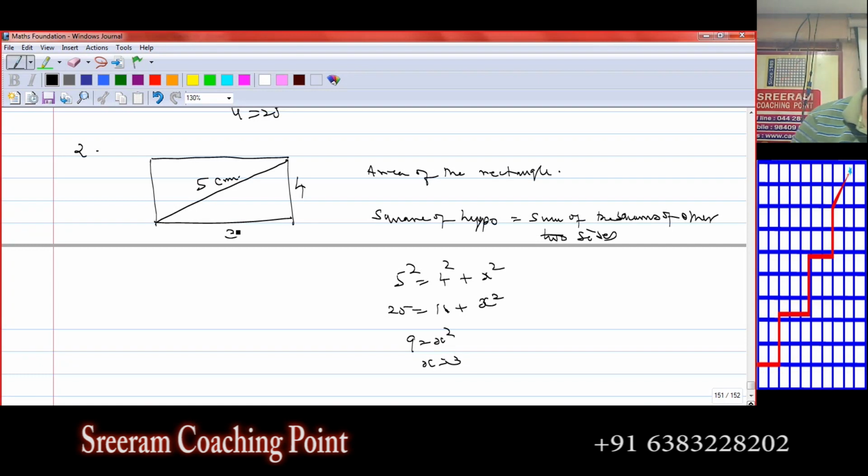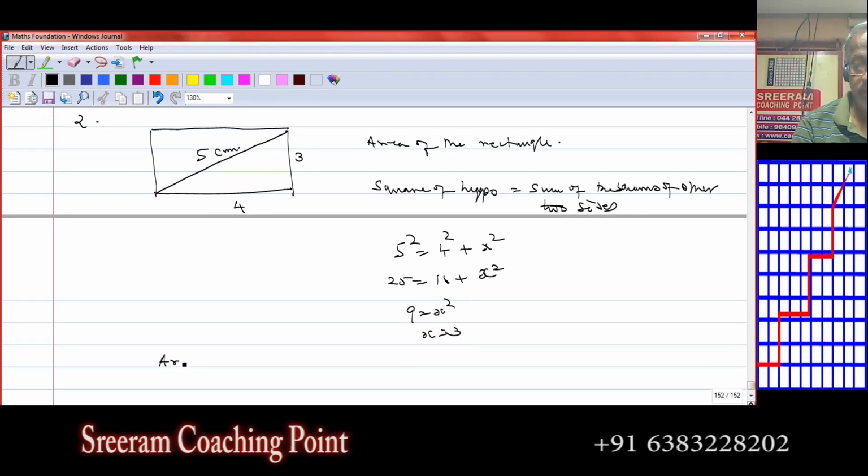So now, ideally speaking, this should be 4 and this should be 3 because x is 3. Area of a rectangle is equal to a into b. 4 into 3, 12 square centimeters.